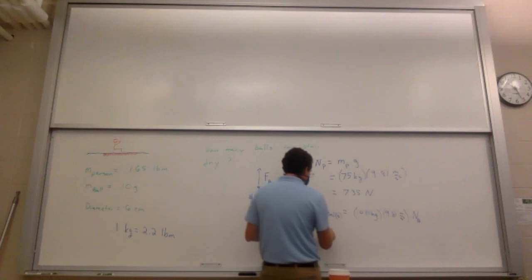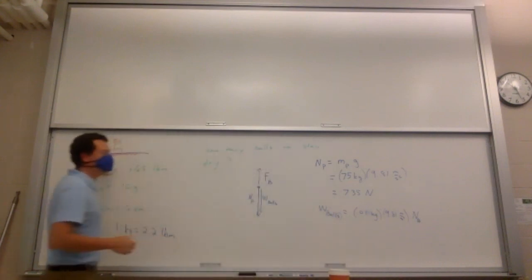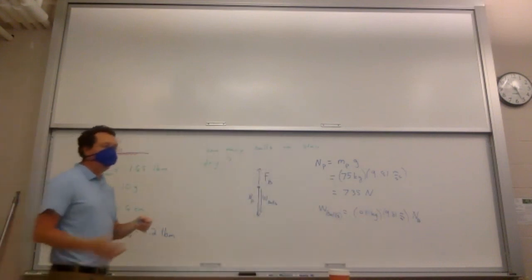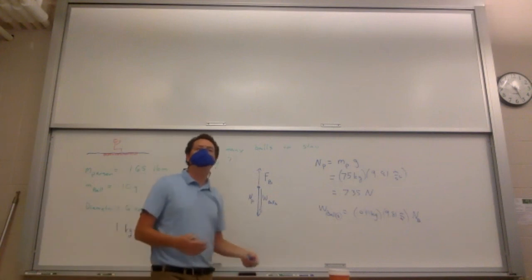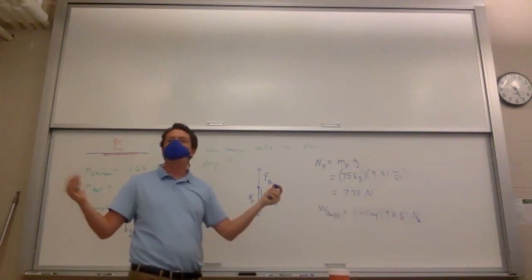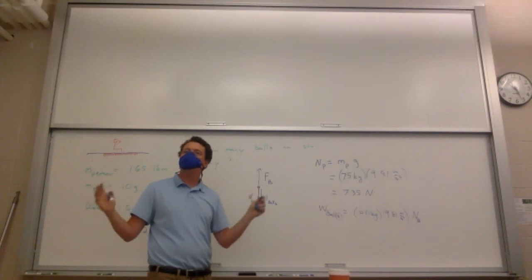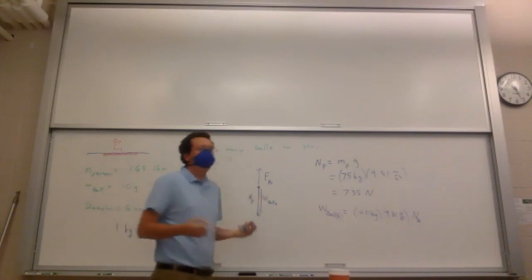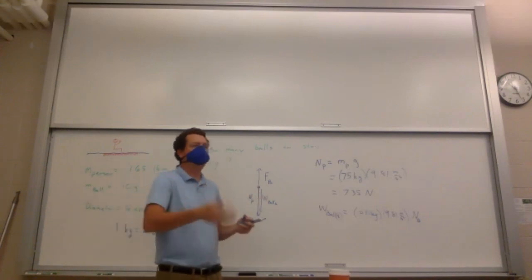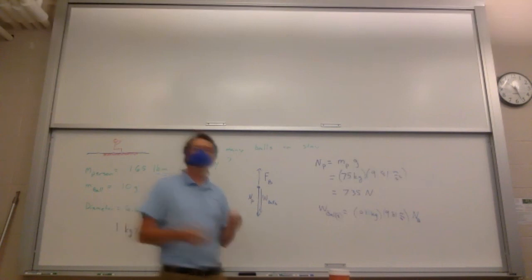So in this problem, we know the fluid is water. We're going to assume a standard density, which is what for pure water? 1,000 kilograms per meter cubed. We will use that number a lot when we're coming up with problems, so it'll be good to know.